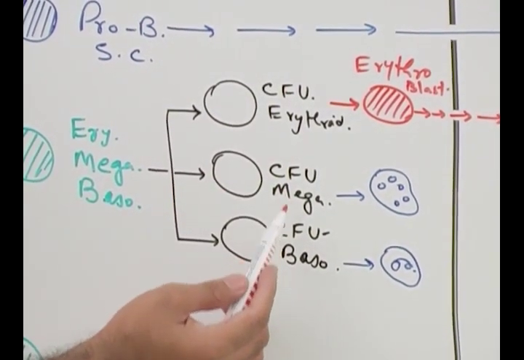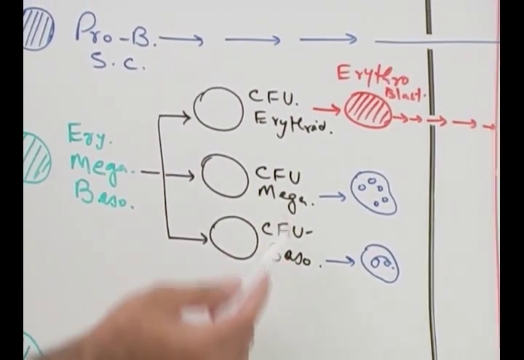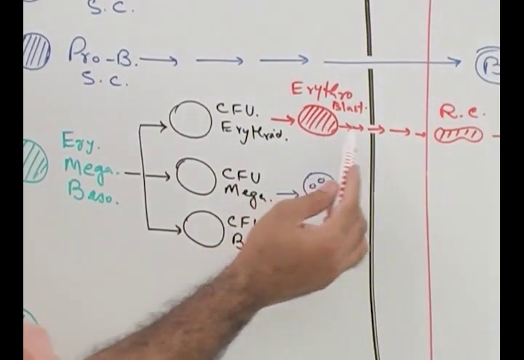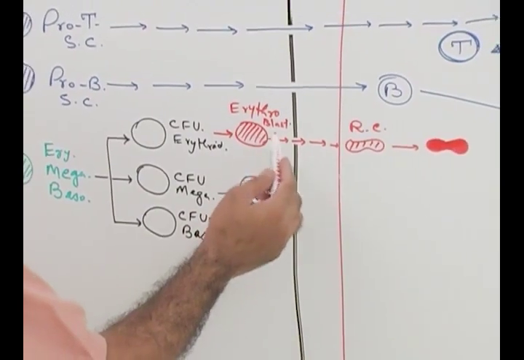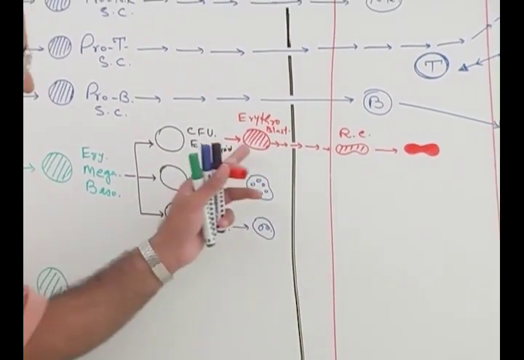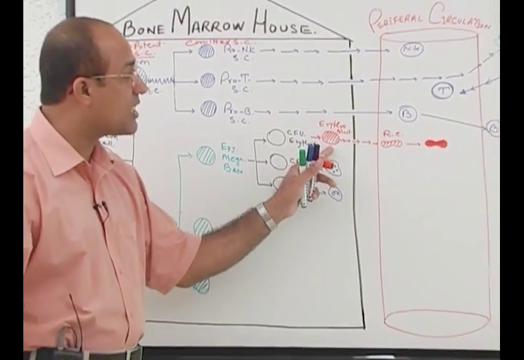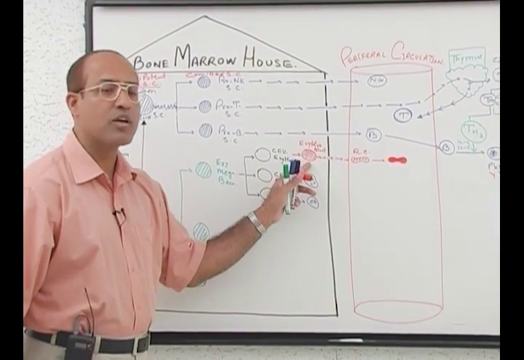Then the erythroid colony forming unit will undergo the effect of erythropoietin and produce a lot of erythroblasts. The erythroblast is the first morphologically recognizable precursor cell for erythropoiesis.